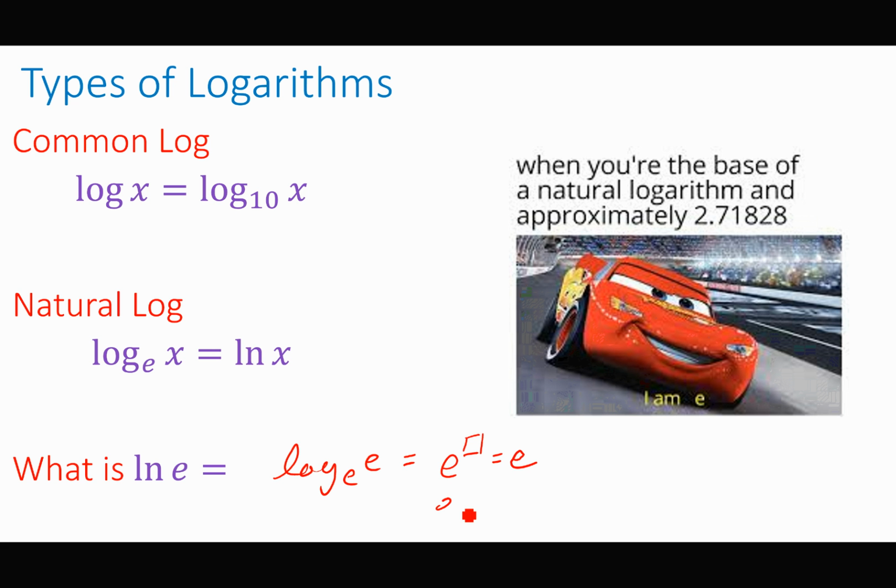Well, the only way this would work is if E to the first equals E to the first. So natural log of E is simply 1. And that relationship is helpful, okay? Because a lot of times you can work with E and natural log, depending on how the problem's set up, to kind of undo itself. I mean, it's not really undoing it, but it just becomes a useful form of 1.